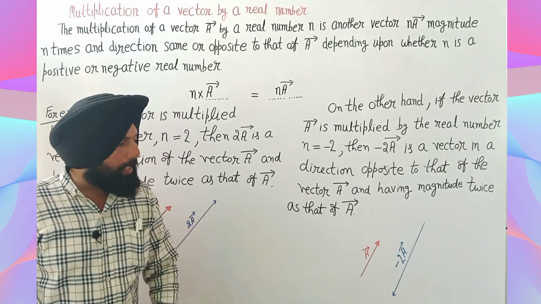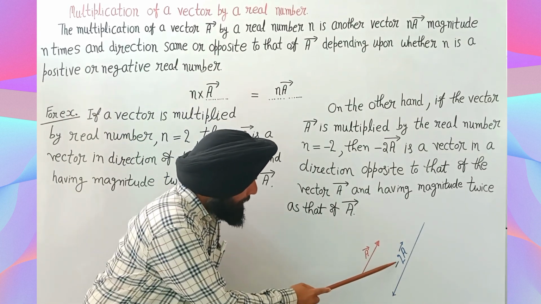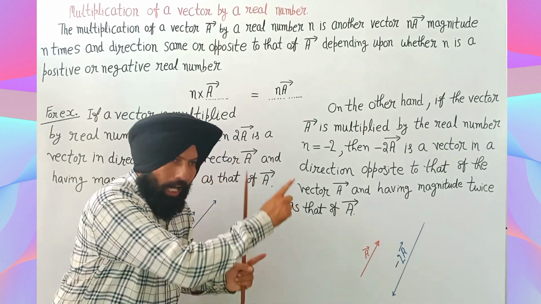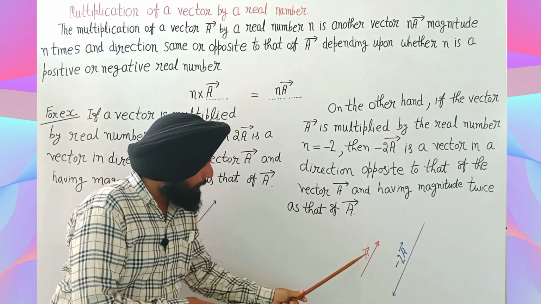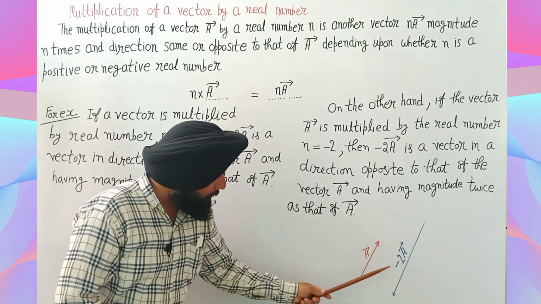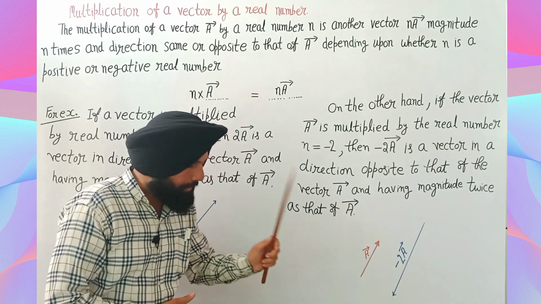I have multiplied it by minus 2. Now minus 2A vector has direction opposite, but the magnitude is twice, double that of vector A.